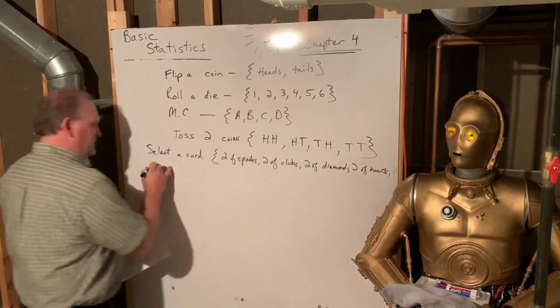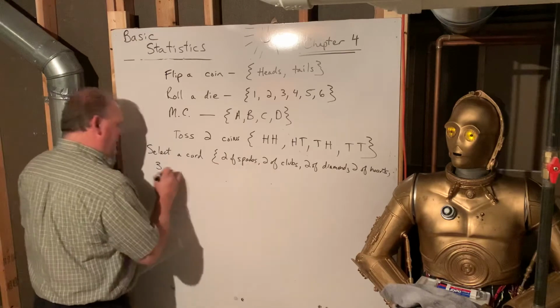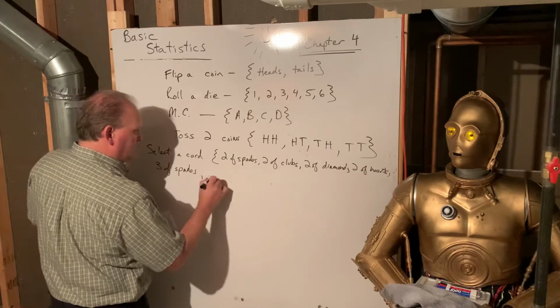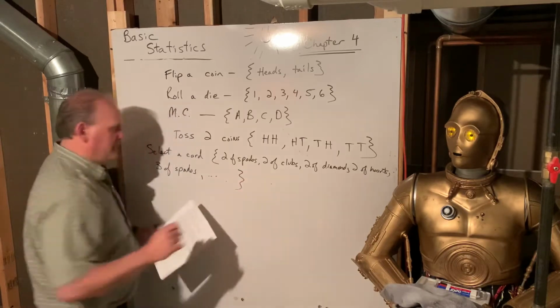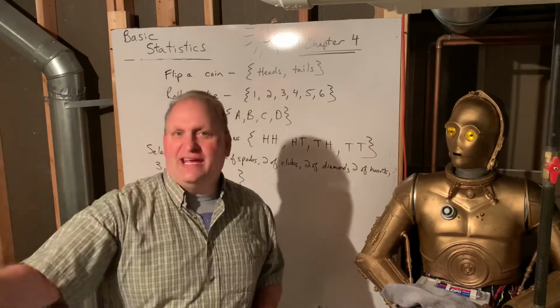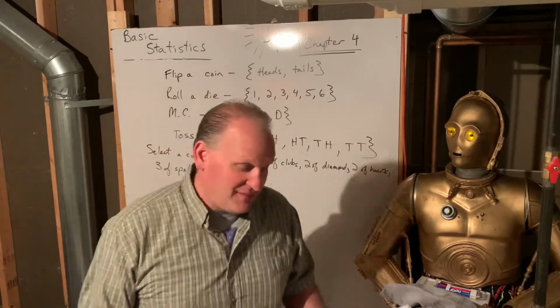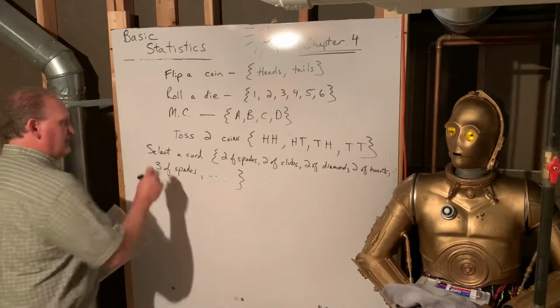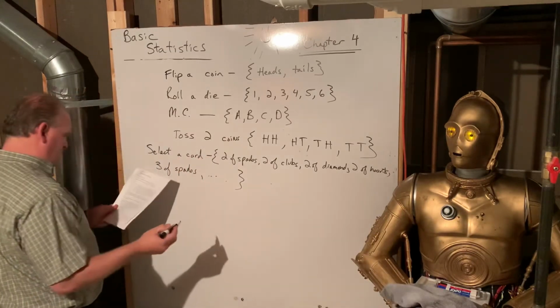Then we pick up again with 3 of spades, 3 of clubs, and so on, all the way up to king and then ace, and that would be it. There would be 52 actual individual things listed from selecting a card from a standard deck of cards.